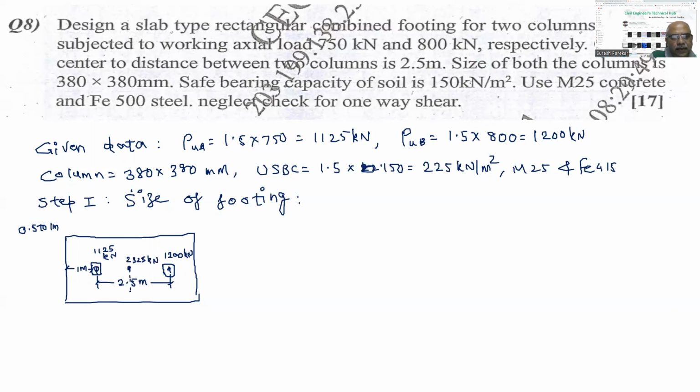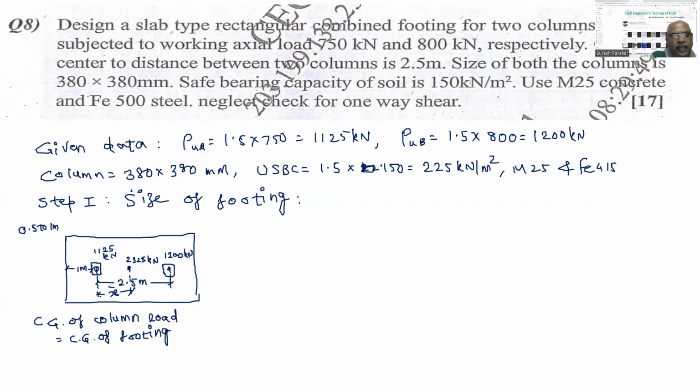This distance from the center we will consider as X bar. Now the concept: CG of column load is equal to CG of footing, or the CG of column load and footing coincide.